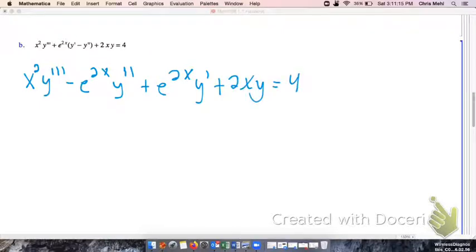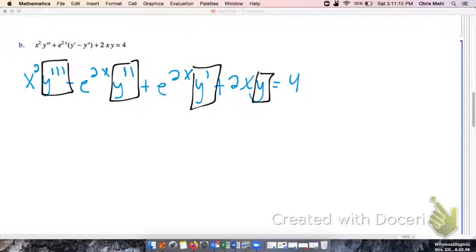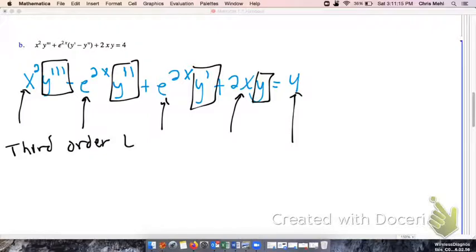What I want you to notice is that each derivative appears linearly in the dependent variable y. Each coefficient is a function of the independent variable, and the constant function 4 is a function of x. So this is a third order linear differential equation. I forgot to do that.